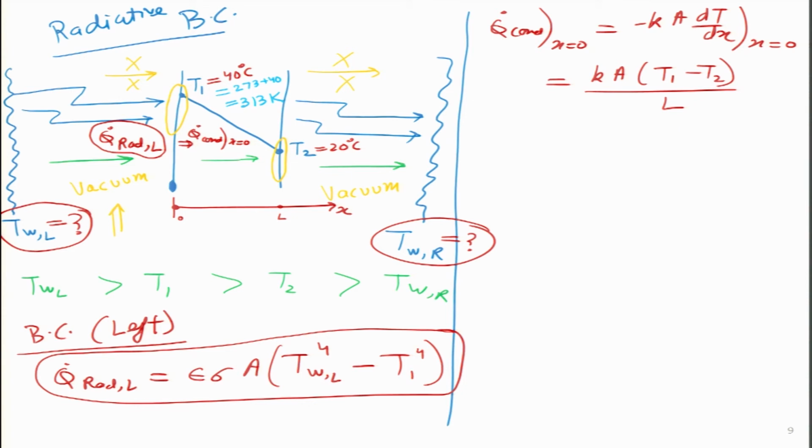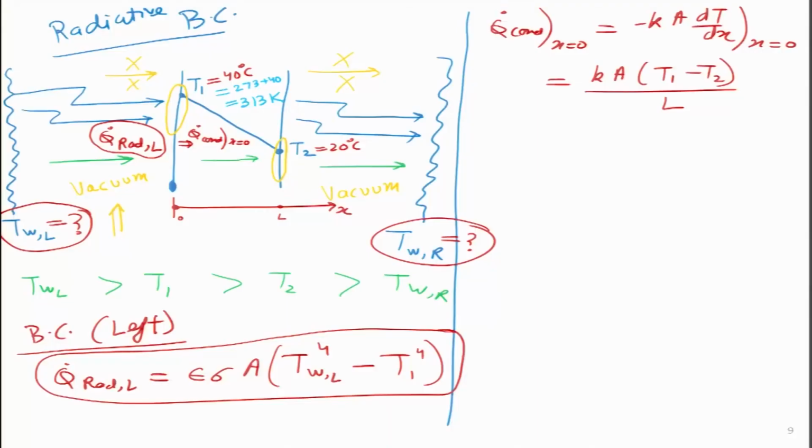So, if we do not do that, then it will be very difficult. So, always remember that whenever radiative heat transfer is there, we have to add 273 to convert it into Kelvin. So, instead of 20 degree, I will now write 293 Kelvin.